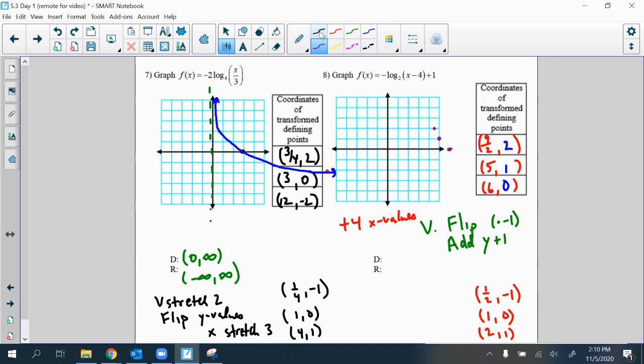And so what I'm going to notice is that my new asymptote is at x equals 4. And that makes sense that my domain is now 4 to infinity, because notice that my typical domain of 0 to infinity got moved to the right 4. Then my range is still going to be -infinity to infinity. It's basically flipped over from what my typical log graph is, so it looks like this.